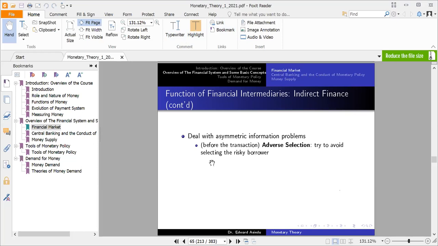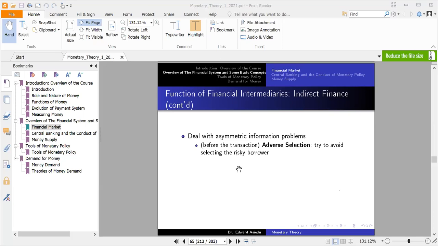I need to know what he's going to invest in. I need to trust that when I give him the money, he is going to do exactly what he is going to do. How do I even decide whether he's a good borrower? These are very, very big problems. Ebenezer's company. Okay. Ebenezer, good to know. Now I know where to invest my money.